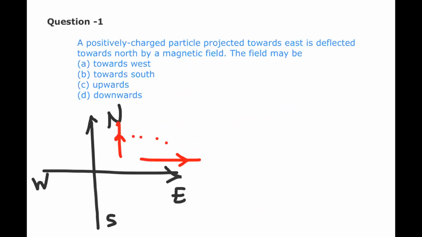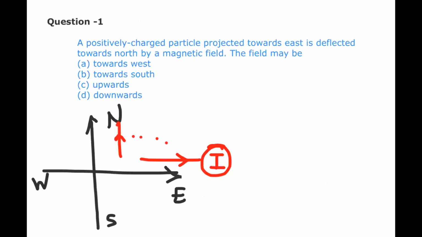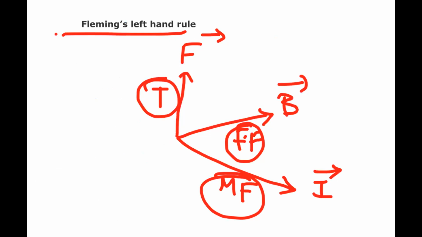Since the charge is moving, say this is the charge movement in the eastern direction. In the direction perpendicular to that, as per Fleming's left hand rule, is going to be the magnetic field. In the three-dimensional system, current and magnetic field are in perpendicular directions, and perpendicular to both, as per Fleming's rule, is going to be the force.